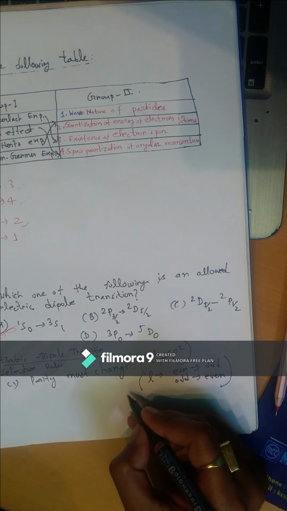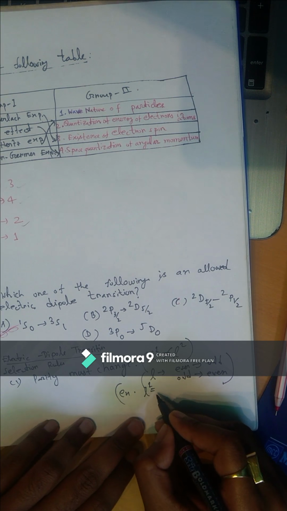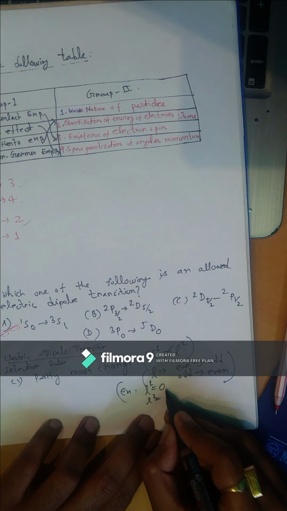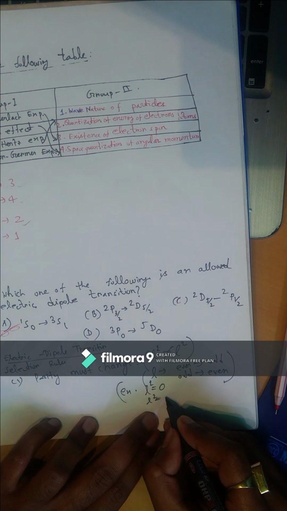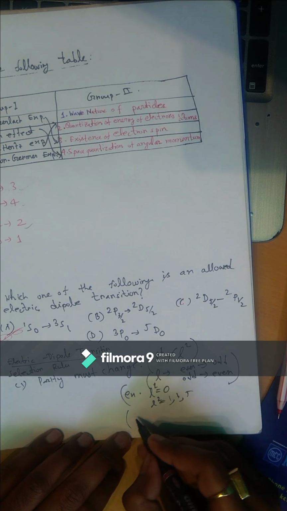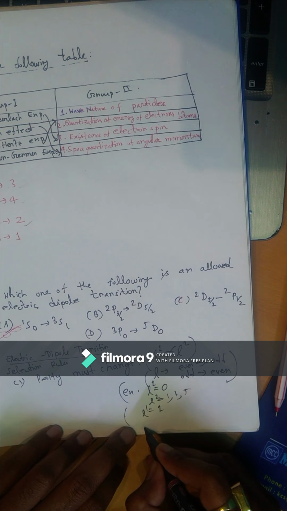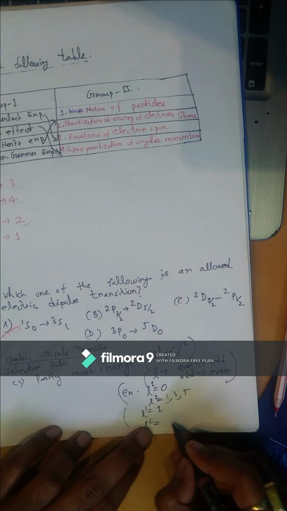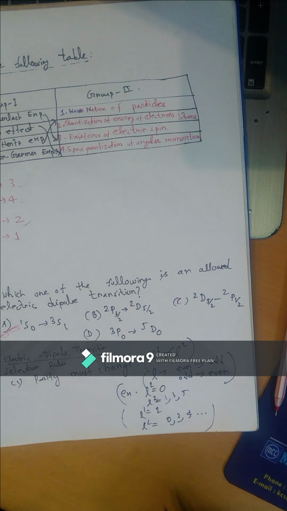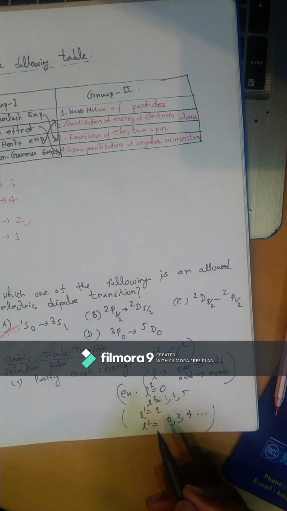Example, if L1 equals 0, this is the even parity, so L2 will be either 1 or 3 or 5. If L1 equals 1, then L2 may be 0, 2, 4, etc. So if the first L is even, then the second L will be odd.